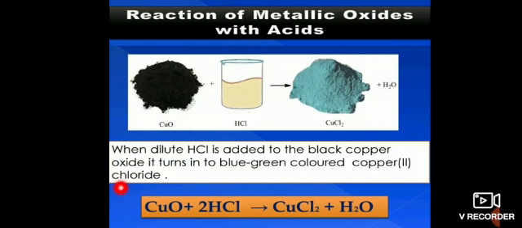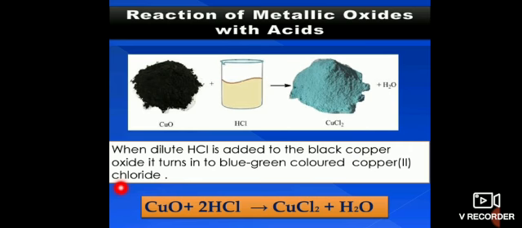Next, we are going to discuss the reaction of metallic oxides with acids. Dear children, when dilute HCl is added to the black copper oxide, it turns into blue-green colored copper chloride.